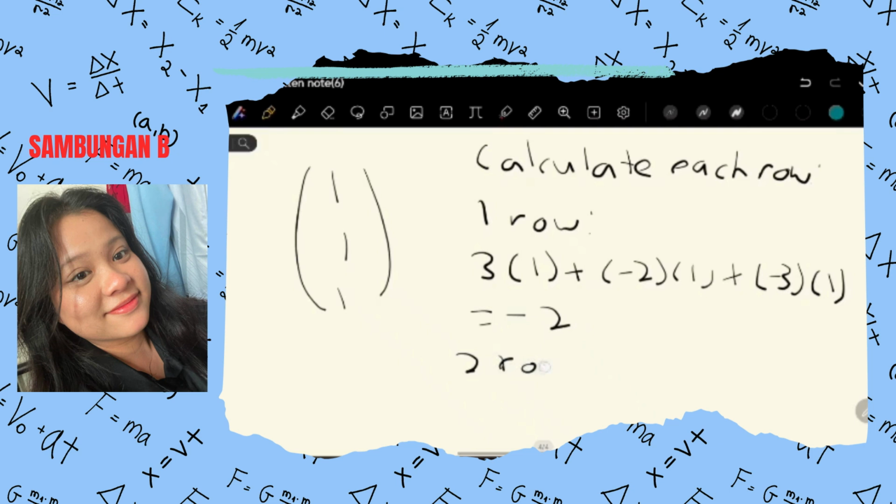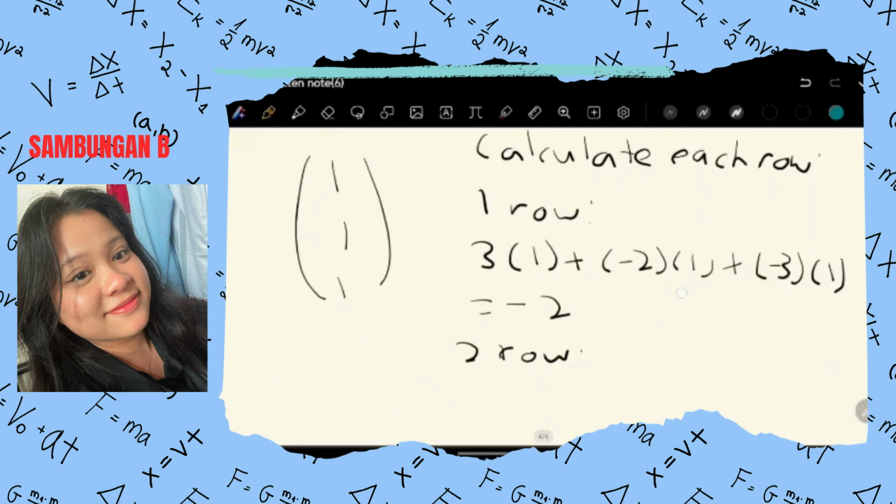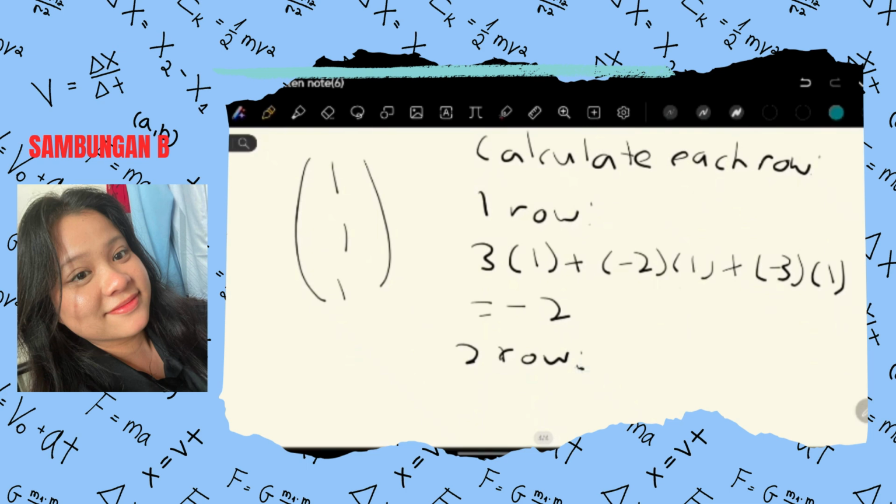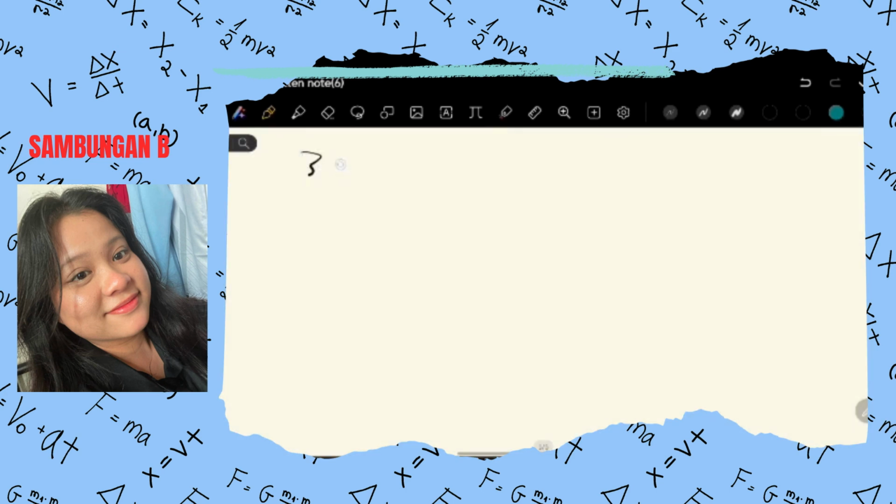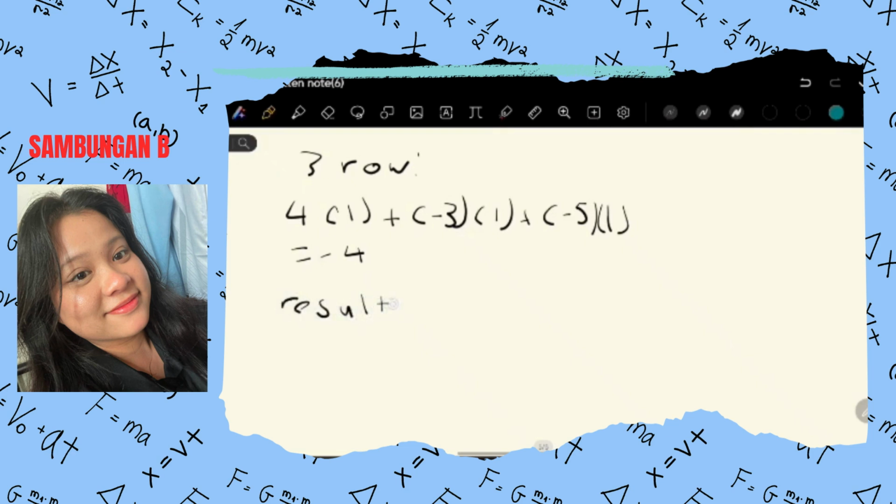Second row is 0 times 1 plus -1 times 1 plus -2 times 1. So the answer is -3. Then the third row is 4 times 1 plus -3 times 1 plus -5 times 1, equal to -4. So the result is -2, -3, and -4.